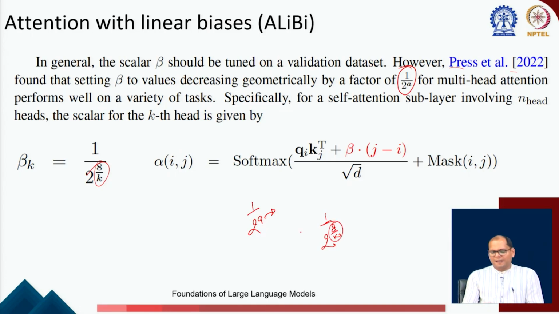So, for each head you will have a separate value of beta, and this is the formulation. You can order them in some way, first head, second head, third head up to whatever. This is the ALiBi approach: you can just take the offset between i and j and apply it with this beta parameter, and this will give you the attention.